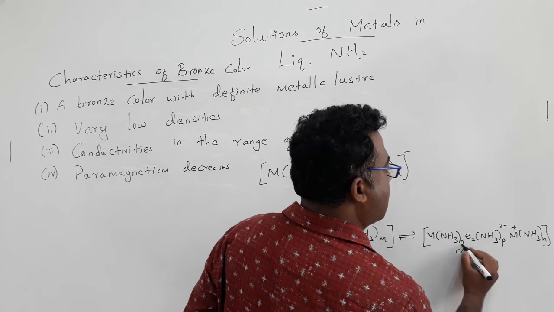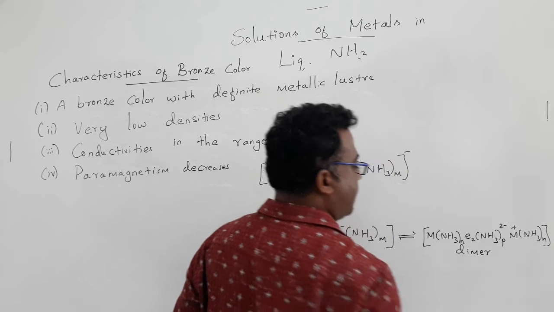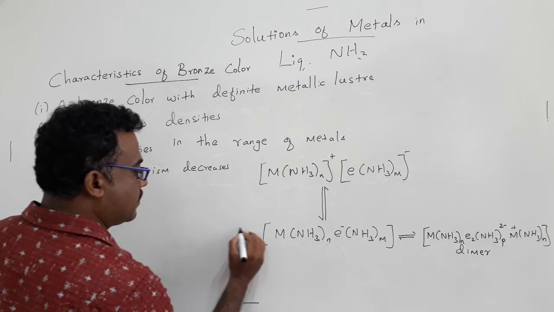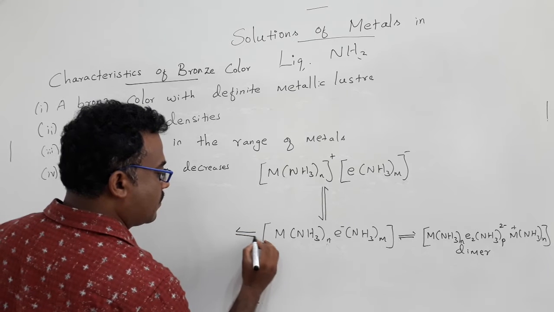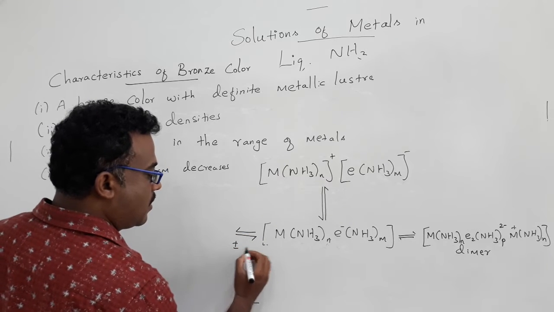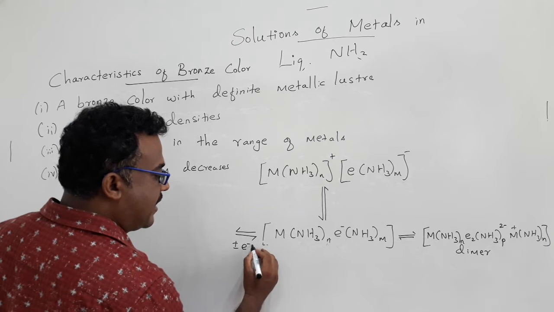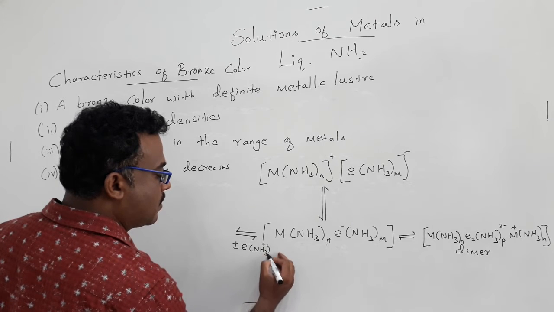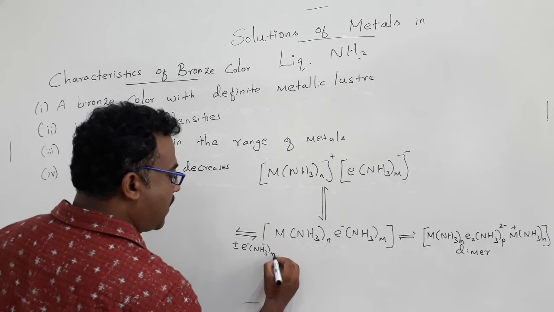A dimer can form. Also, it can add a solvated electron. It may be another option.